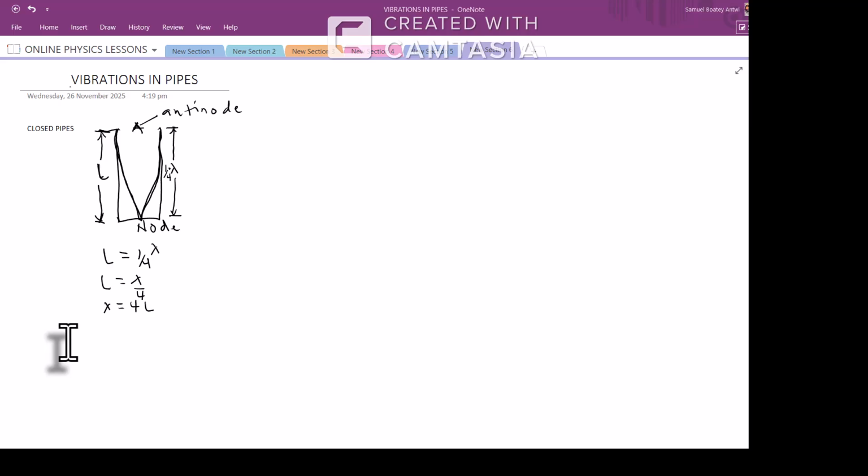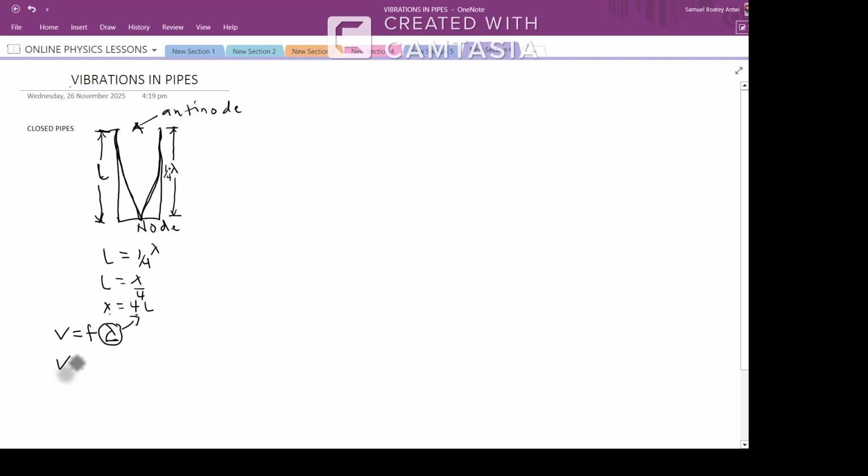But then you remember the formula that links the velocity of a traveling wave to the frequency and the wavelength. Since we are looking at the fundamental frequency in a closed pipe, and we are saying that lambda is equal to 4L, which is 4 times the length of the pipe, then anywhere we see lambda, we put 4L there.